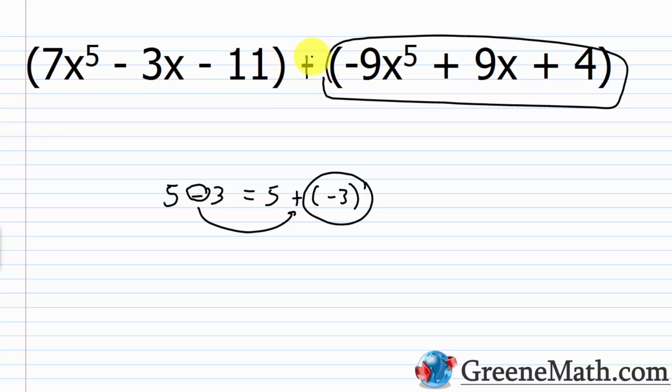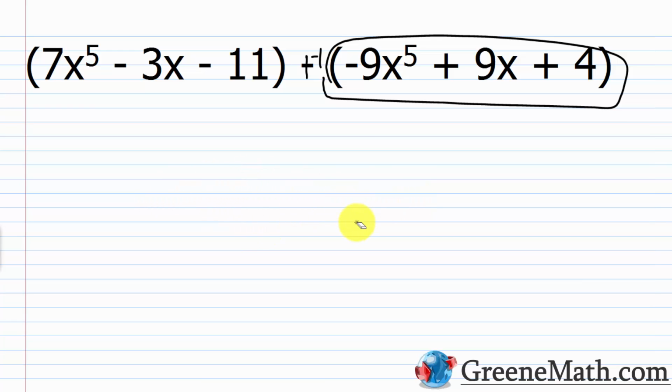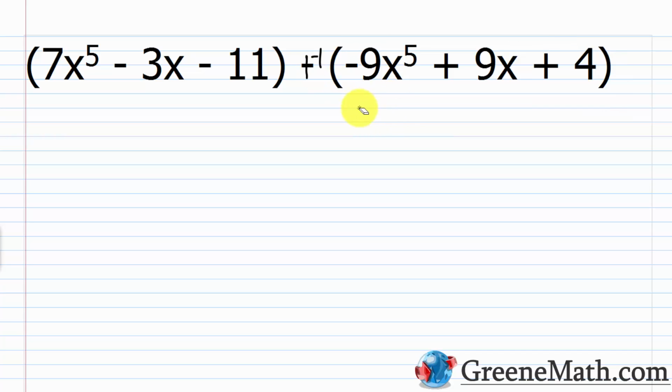So I can just put plus -1 here, and you're going to see this in a lot of your classes. You'll see this plus -1 outside of parentheses, and you're going to wonder, why do they keep doing that? The reason they do that is to remind you that you need to distribute a -1 to each term here, and that's going to change the sign of each term for you, and then you can just add once you've done that.